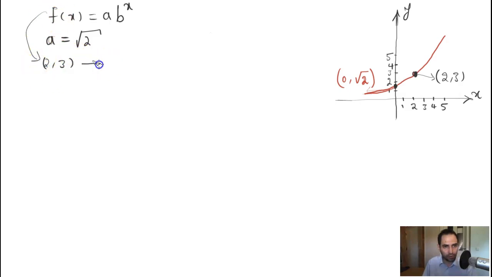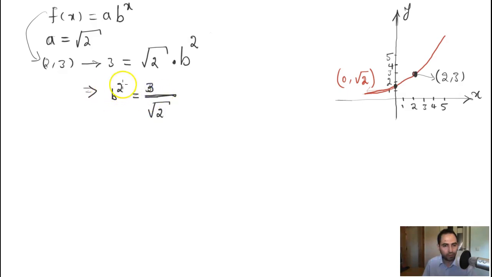So f of x here is 3, so 3 is equal to a, which is square root of 2, times b, which I do not know, raised to the power x, and x here is 2, so b squared. So that basically means that b squared is equal to 3 over square root of 2.